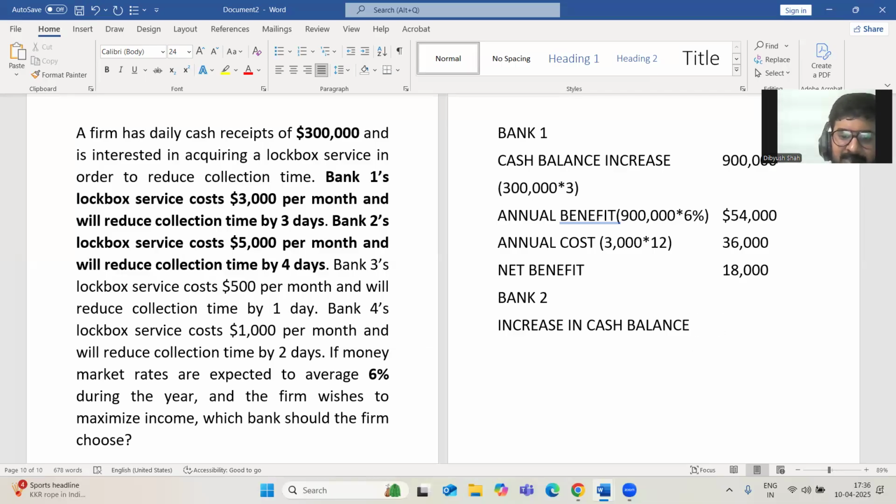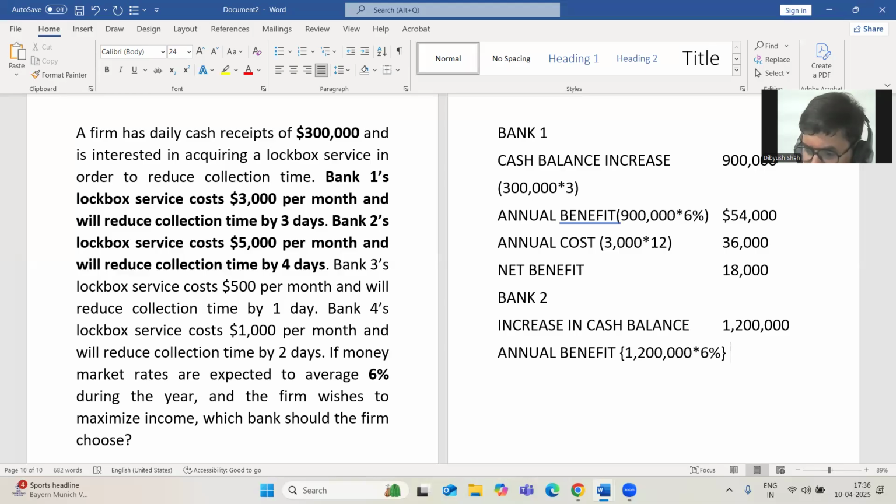So my cash balance will increase by 1.2 million or 12 lakh dollars. And my annual benefit will be 6% of this amount, that is 72,000.